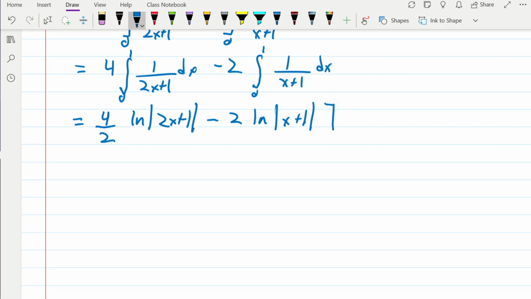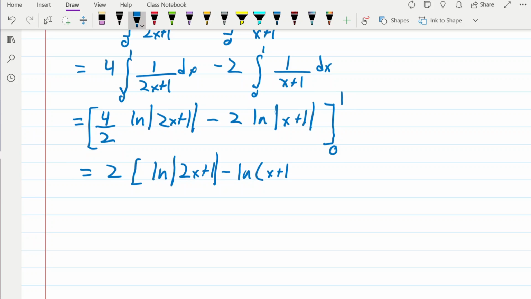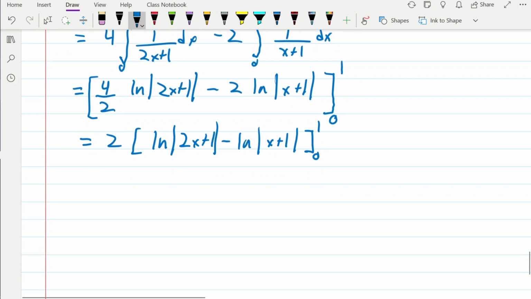And then all of this is going to be evaluated from 0 to 1. Okay, so we can factor a 2 on the outside, so I'm just going to write it as 2 times ln of 2x plus 1 minus the ln of x plus 1 from 0 to 1. Just that way it's a little easier to work with.